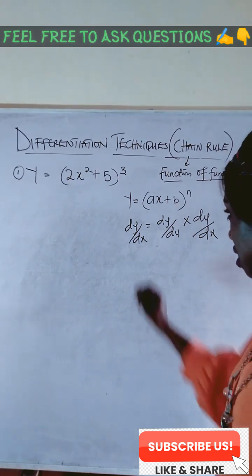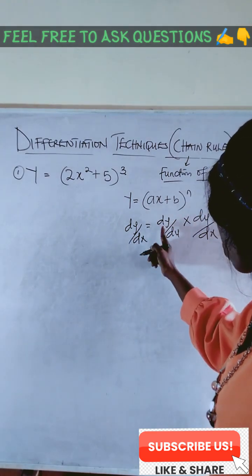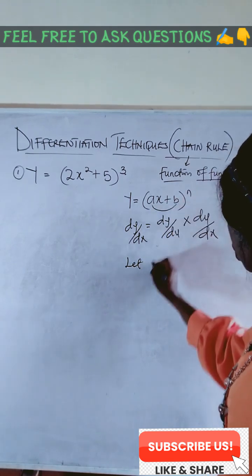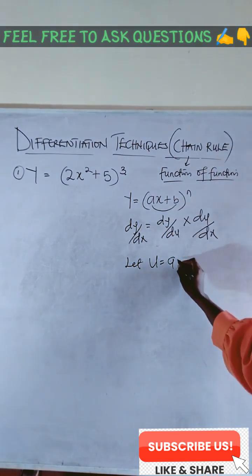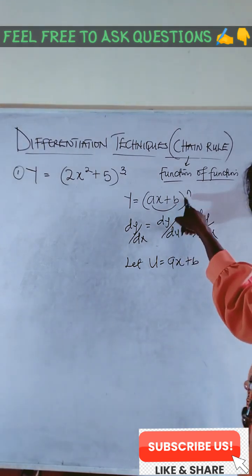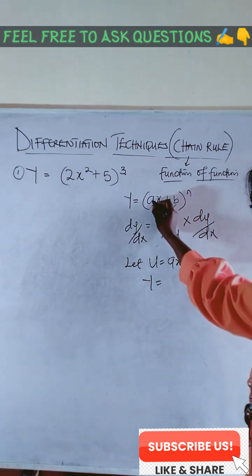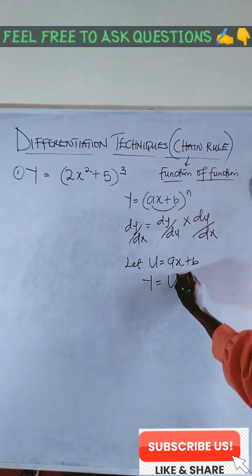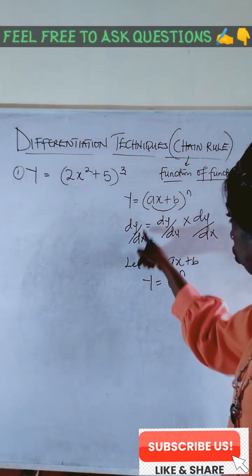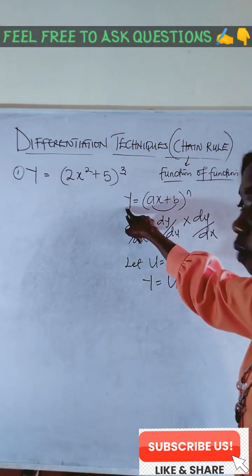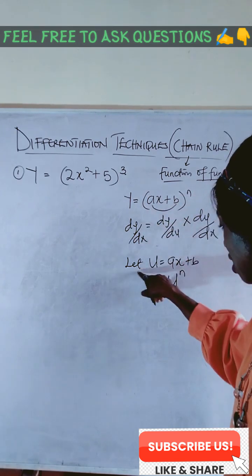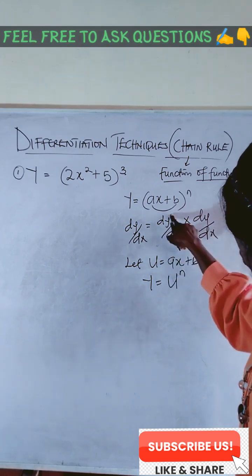Now, how did we get this? What we did was, we let u be ax plus b. Then our y will now be u to the power of n. So to find dy/dx, because this is a function of y and x, that is the key variable, dy/dx is equal to dy/du.